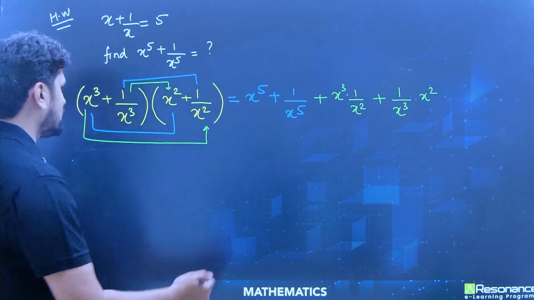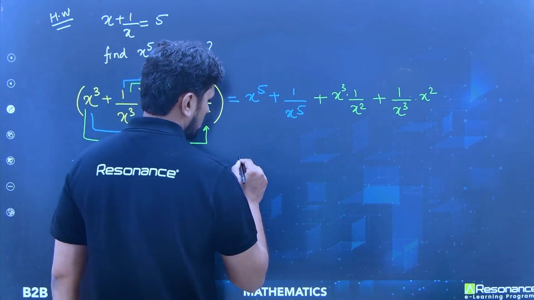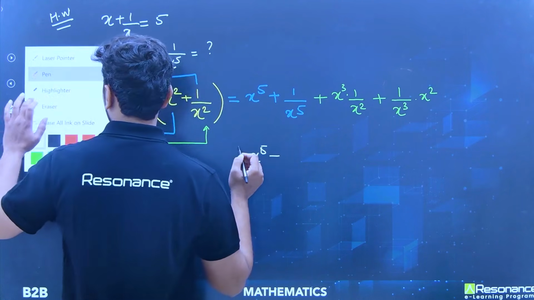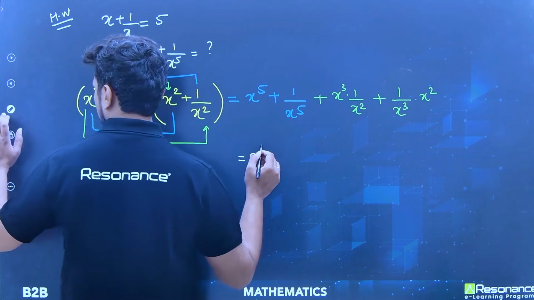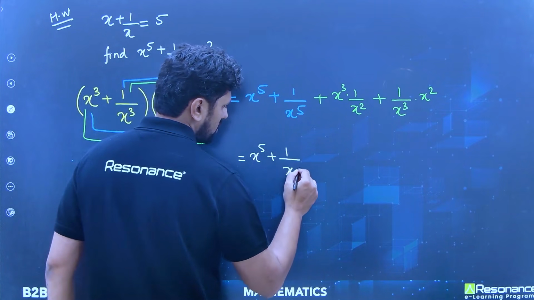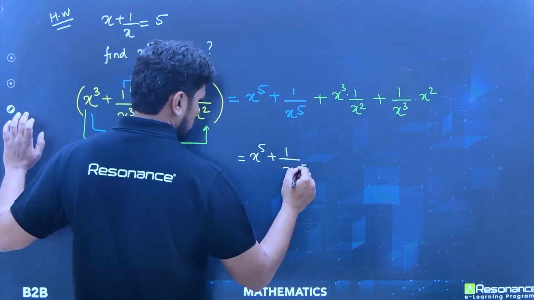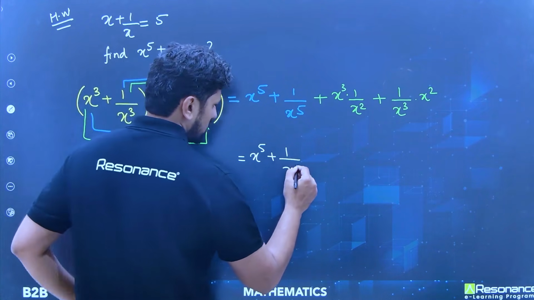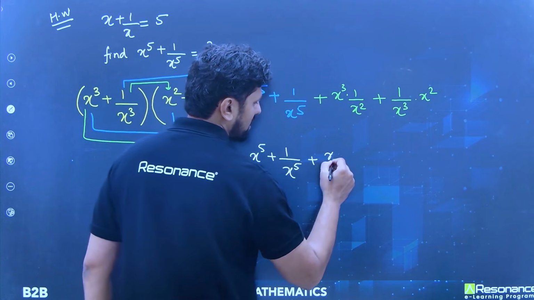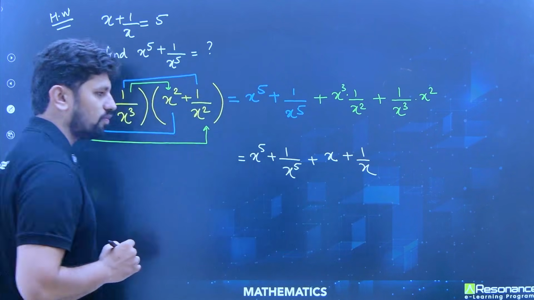Okay, now cancelling will happen here. So it will be x to the power 5 plus 1 by x to the power 5. Same thing I am writing here. Now here x cube and x square will get cancelled, so x cube by x square becomes x and 1 upon x cube and 1 upon x square become 1 by x.